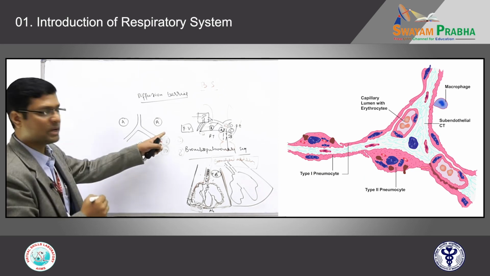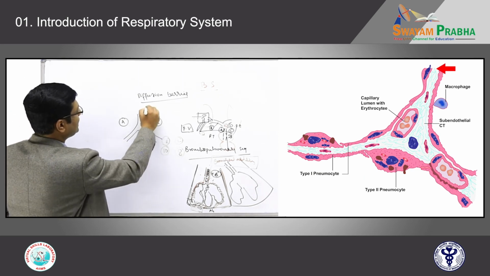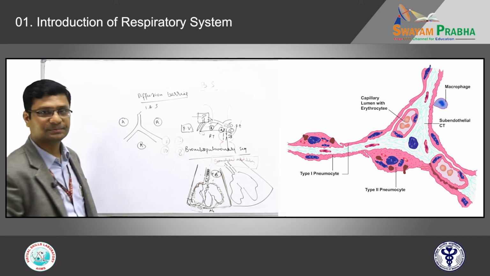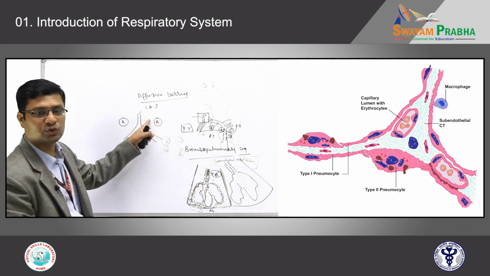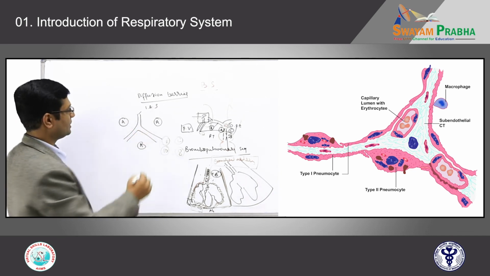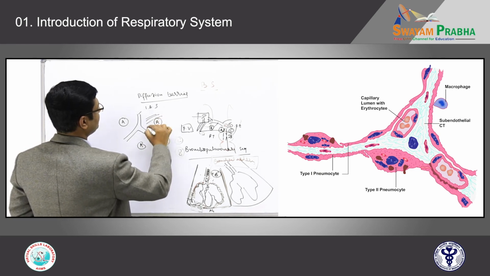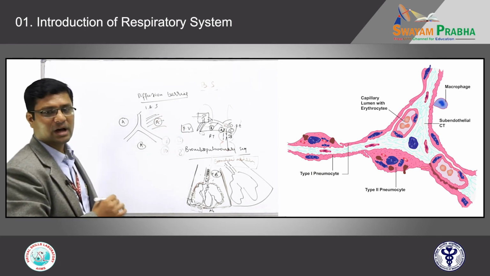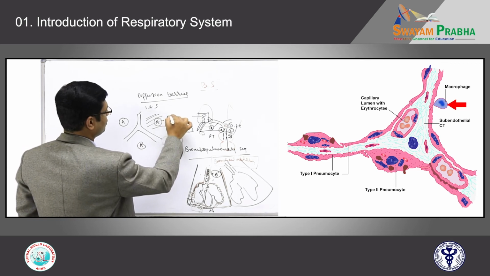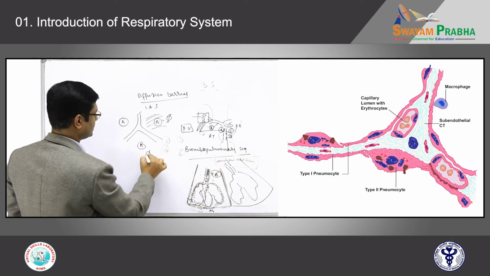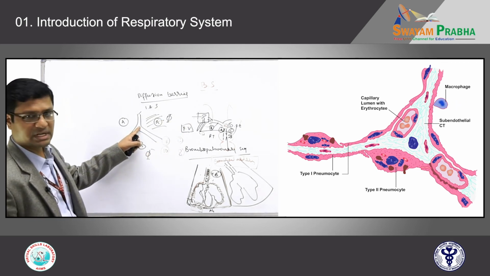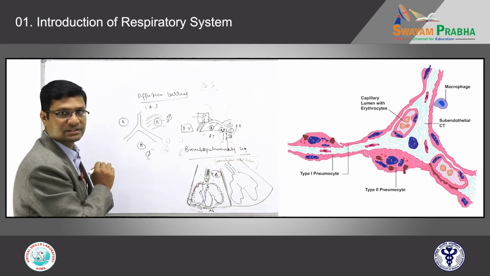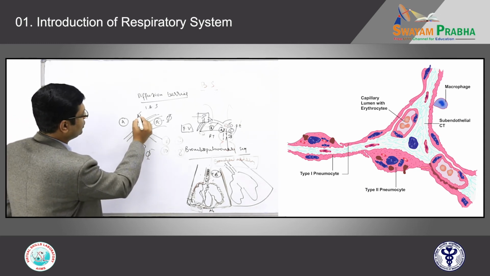These are alveolar lumens, and this is the interalveolar septae. This lumen is usually free. You will not see any kind of cells, or else occasionally you may see some alveolar macrophages in it. What exactly does the septa contain? All of you observe carefully.